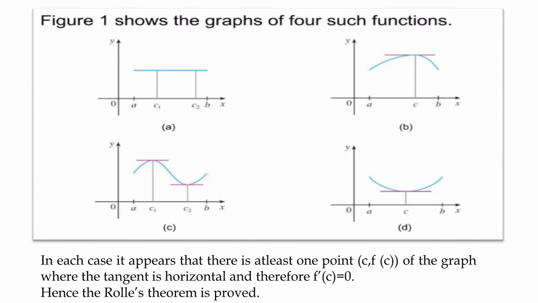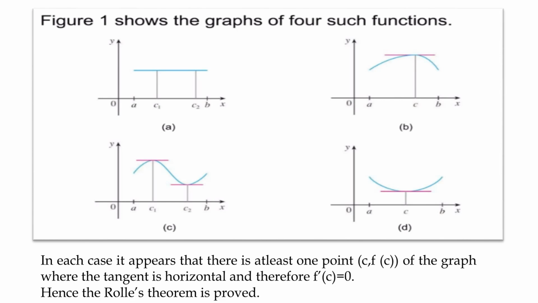See that in example A, it is a constant function graph, a straight line. Here the greatest value is equal to the least value. Therefore, the line is parallel to the x-axis. If the line is parallel to the x-axis, its slope is 0. In that case, f dash of c is equal to 0.